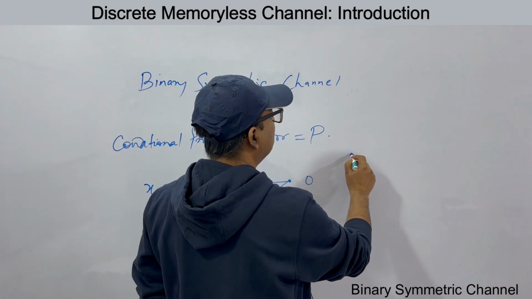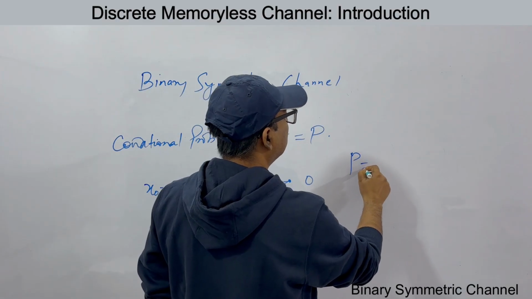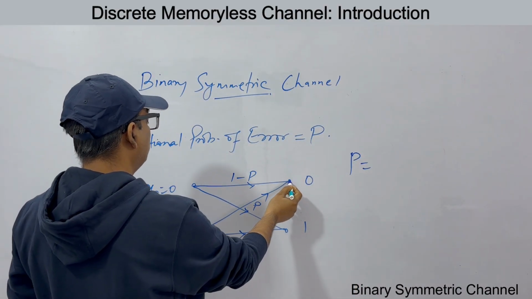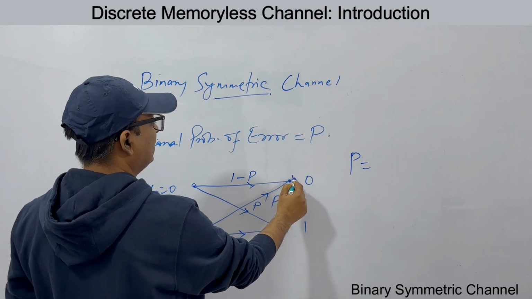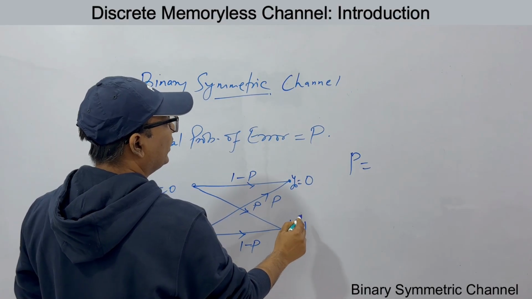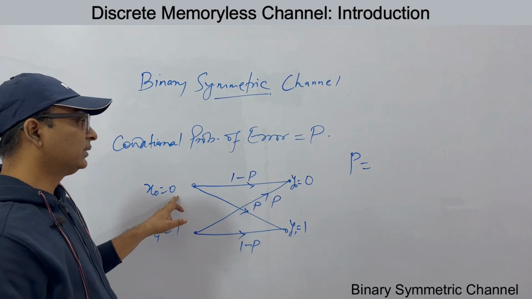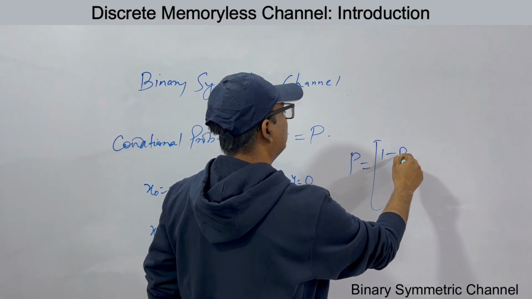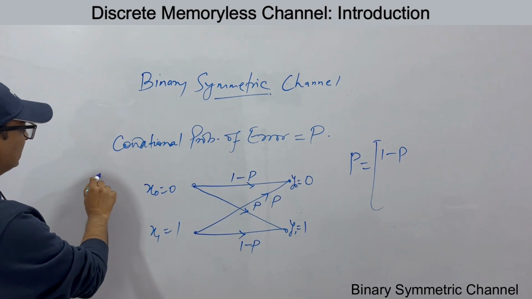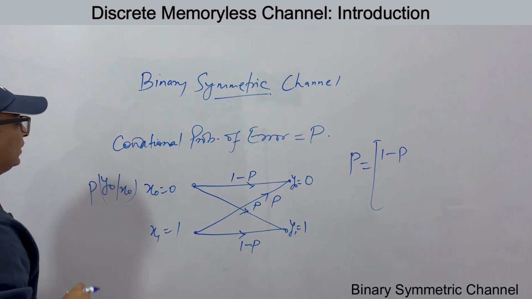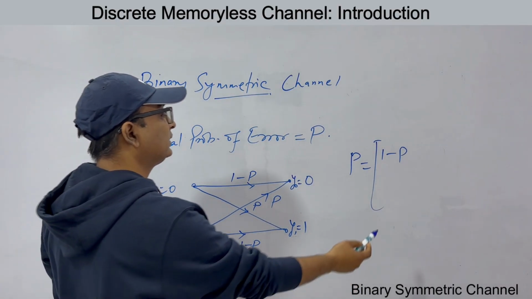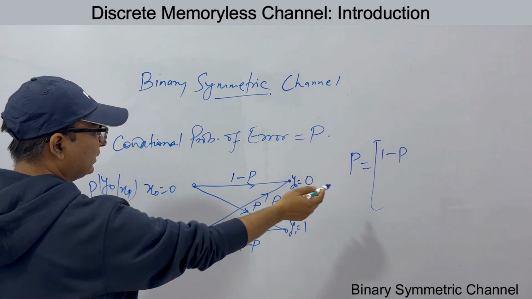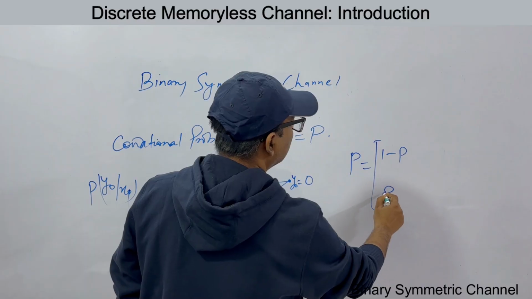Now we want to see the channel matrix. The channel matrix, if you remember, starts with y0 by x0 first. So y0 when x0 has been sent, that was the first term, and that is 1 minus p. Then y0 when x1 is sent, and the probability is p.